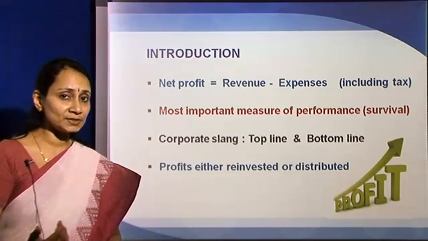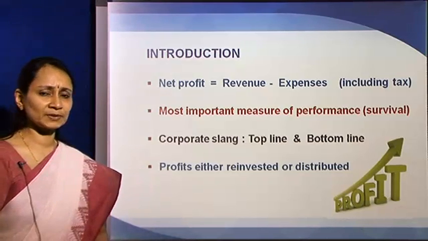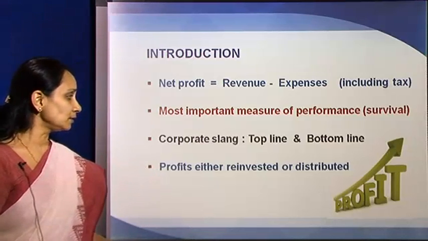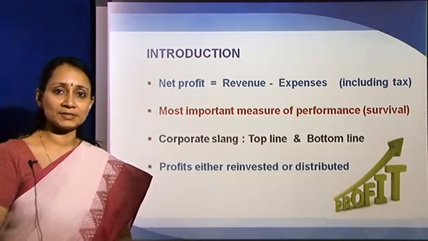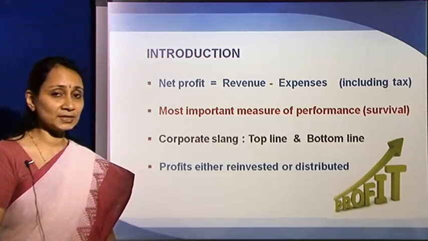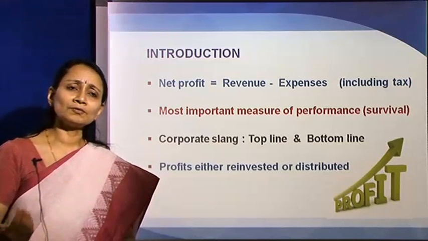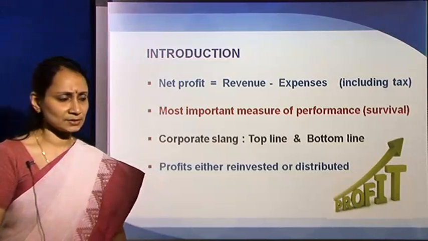Now, part of the profits is declared as dividends, depending on the decision taken by the management from time to time, and the remaining profits are reinvested into the business. They are retained earnings. They are used by the business for further expansion plans or such reasons.